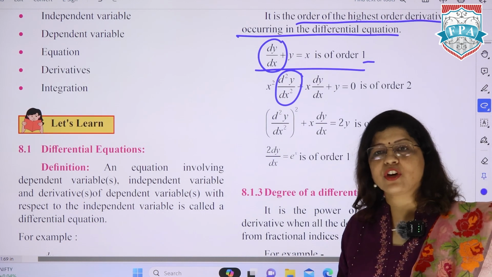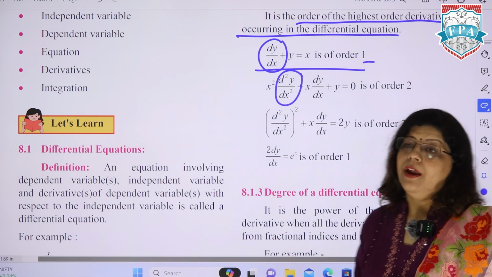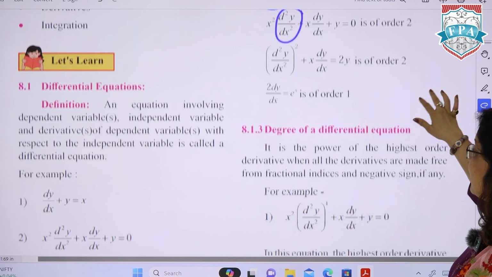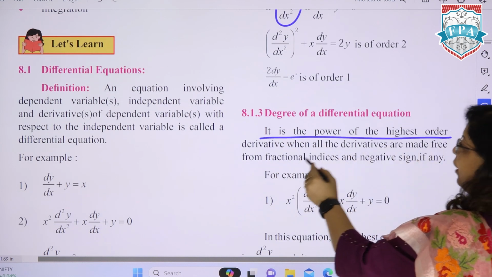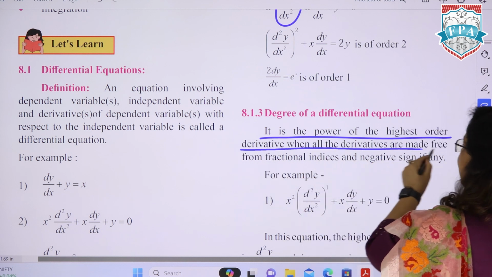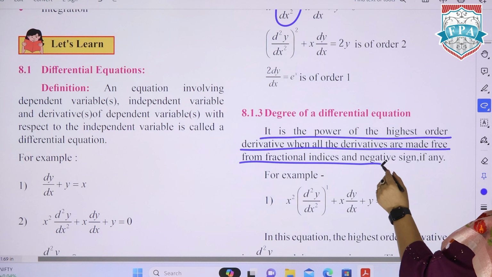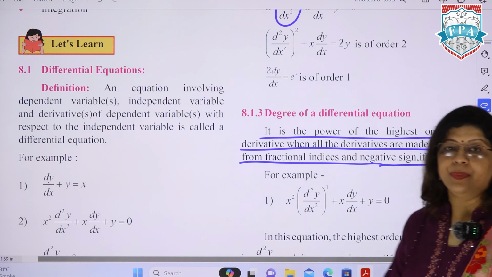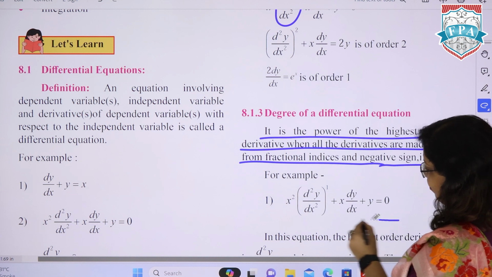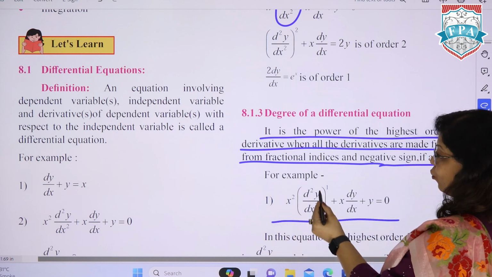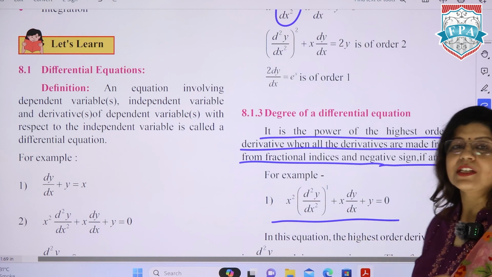Now the next thing which comes is the degree of the differential equation. Degree is the power of the highest order derivative when all the derivatives are made free from fractional indices and negative sign, in case they are there. So let's take this example: x square d2y by dx square to the power 1 plus x dy by dx plus y.